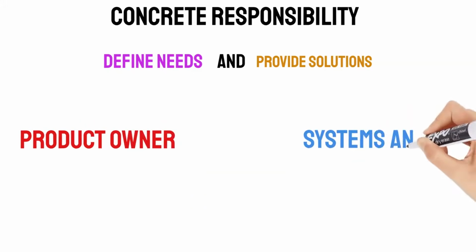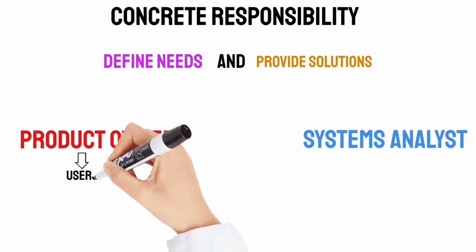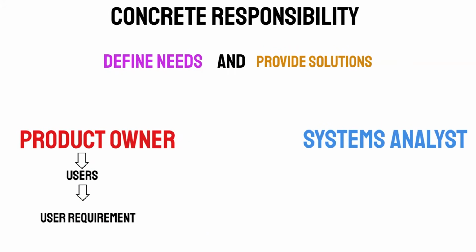The product owner, as you might know from the agile methodology, is more focused on the users and is therefore interested in gathering needs in user requirement form, right? So the product owner would write user stories and define the needs the user has. Also, the product owner shapes the solution a little bit by providing acceptance criteria.